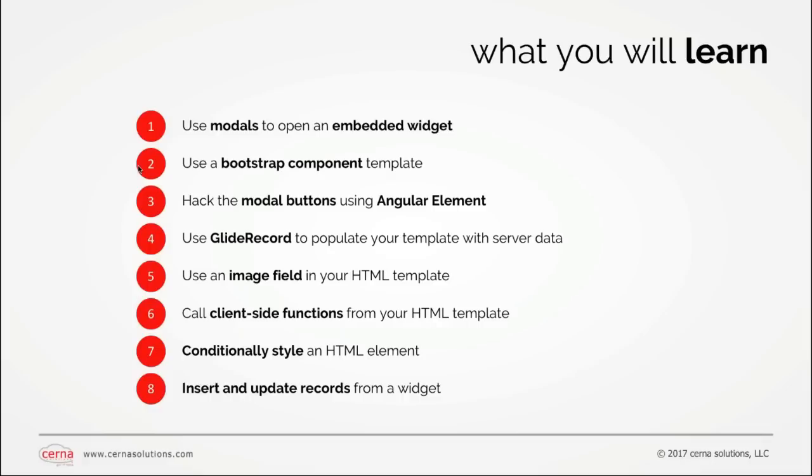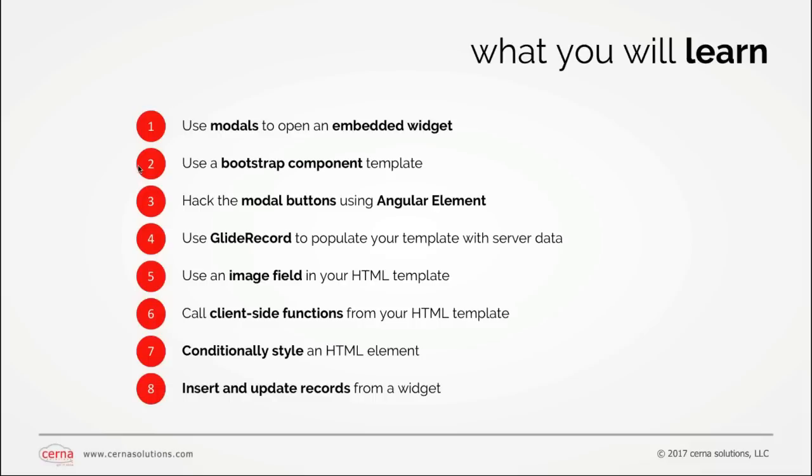So in this webinar, what you will expect to learn is a lot. Like Tim said, we're going to really jump in and get our hands dirty with the code. So we're going to use a modal to open up an embedded widget. We're going to use a Bootstrap component template. We're going to hack the buttons on the modal dialog using Angular Element.